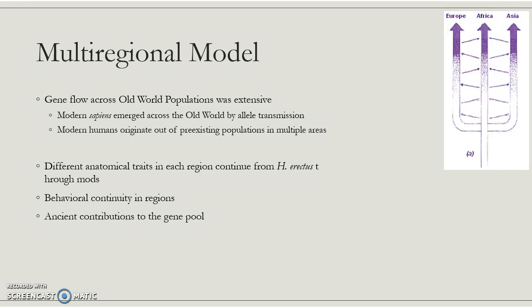And this model says that because of gene flow, so just movement of people and therefore their genes from one population to the next, modern humans evolved more or less simultaneously all over the old world. So in this scenario, modern Asian populations are related to those original Homo erectus people that settled in Asia.